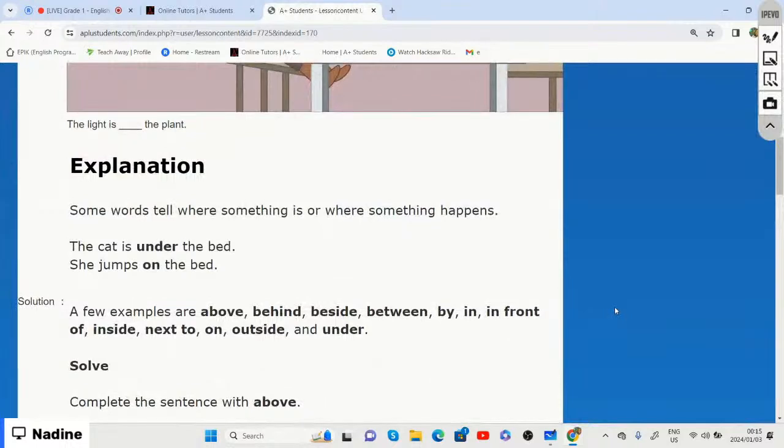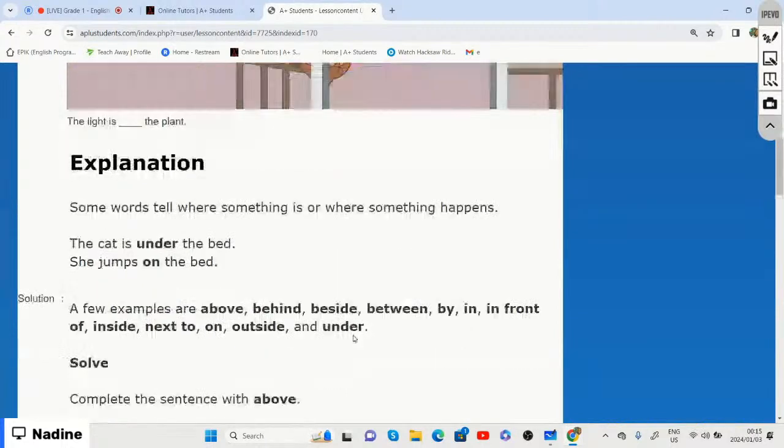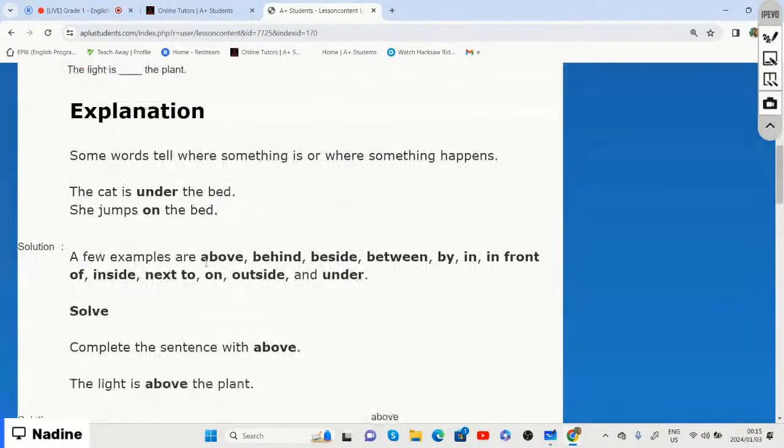And once again, we said words that tell us where something is or where something happens, those are prepositions. Examples of prepositions are above, behind, beside, between, by, in front of, inside, next to, on, outside, and under.